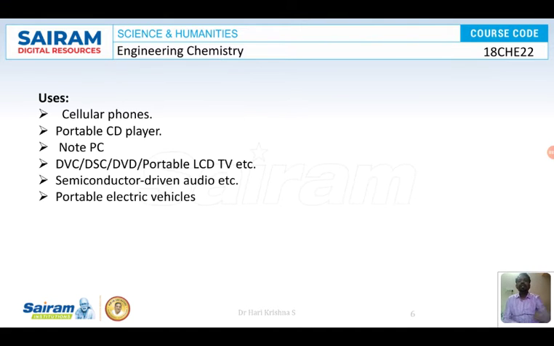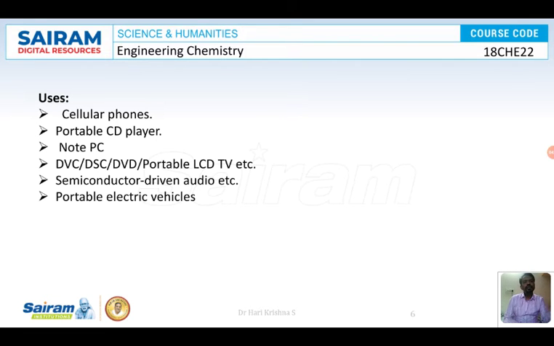Let us see the applications. All mobile phones, right? Any mobile, irrespective of the company, uses lithium batteries. Your notepad, maybe your tablet, your laptops, portable LCDs, your DVD players, everything uses a lithium ion battery. Semiconductor driven audio devices, portable electric vehicles, toys, for instance, any toy you buy, they give you rechargeable batteries.